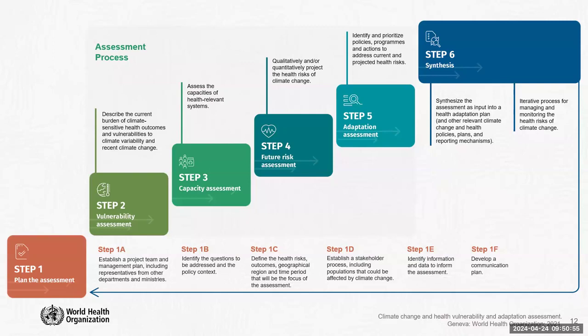The last step is a synthesis of everything. And this synthesis will be very useful for decision makers, because it would help us to build an adaptation plan for the country. And this could fit into the national adaptation plan that other sectors are doing. So it's the whole process.